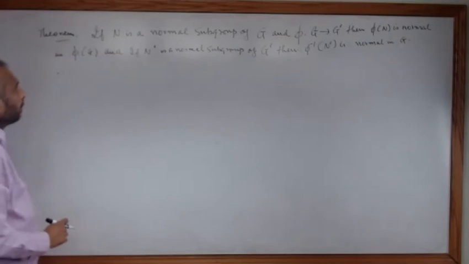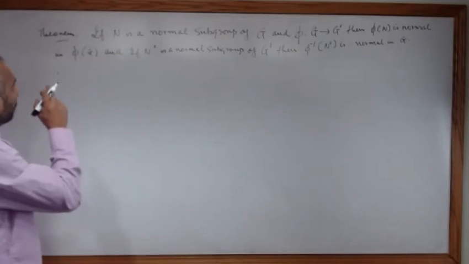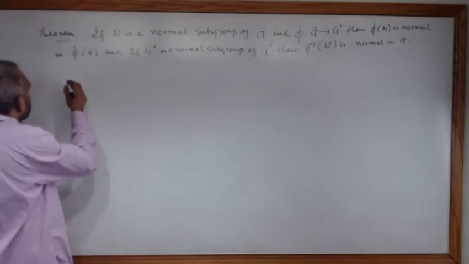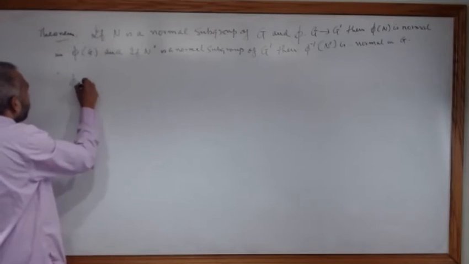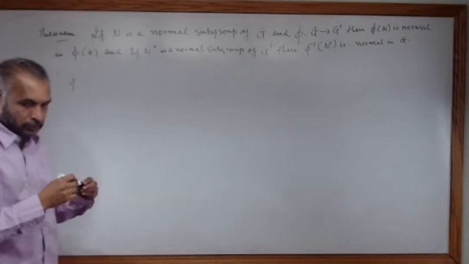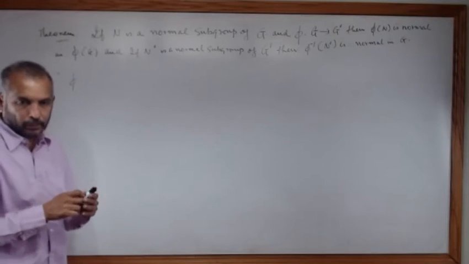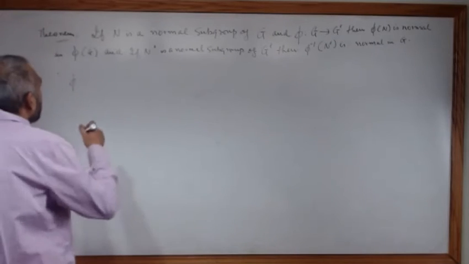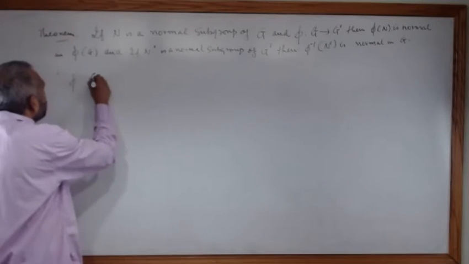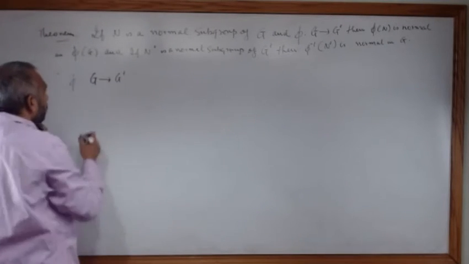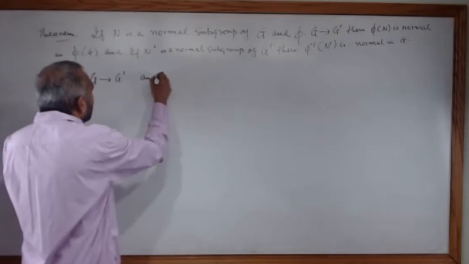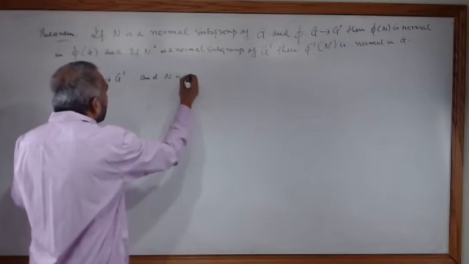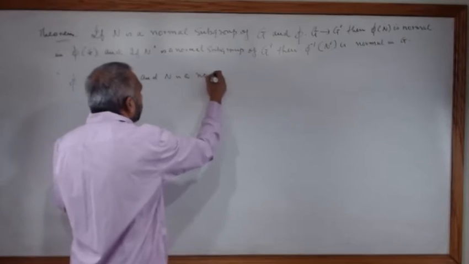So let us try the first one. So phi is a homomorphism from G to G prime, and N is a normal subgroup.